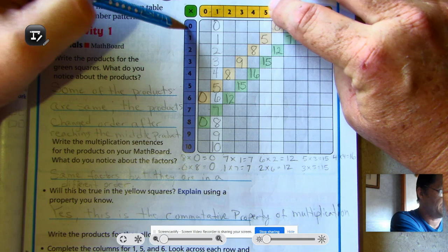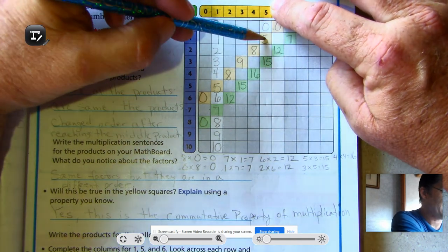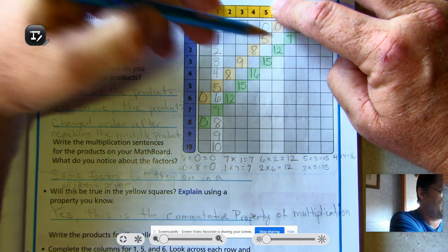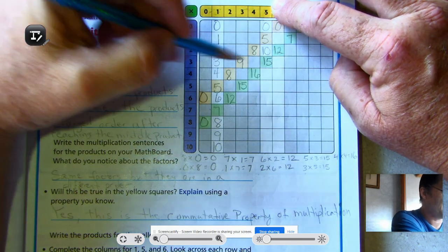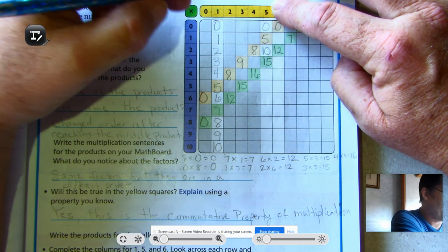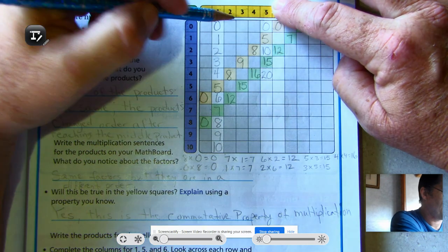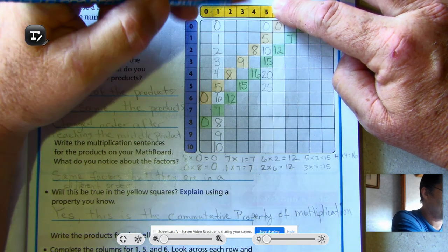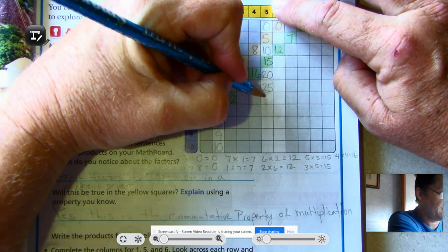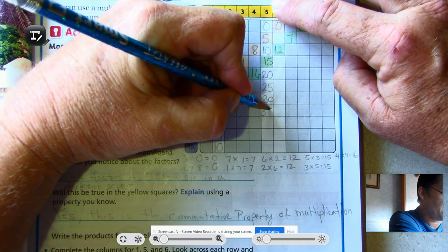5 times 0. 5 times 1 we have. 5 times 2, 10. 5 times 3 we have. 5 times 4, 20. 5 times 5, 25. 5 times 6, 30. 5 times 7, 35.